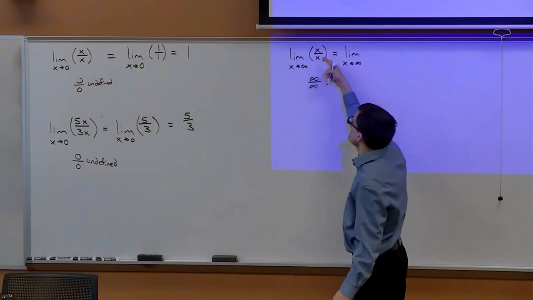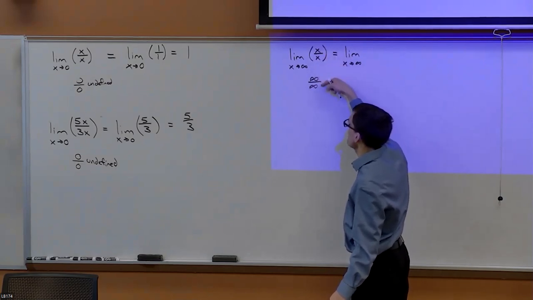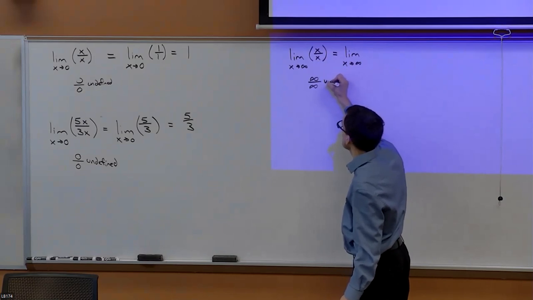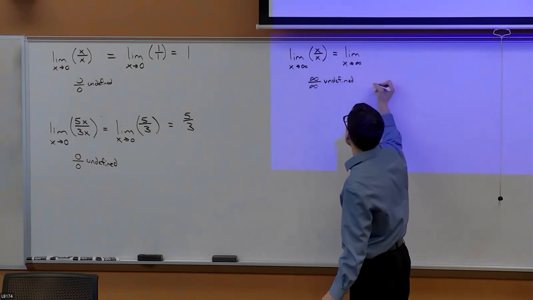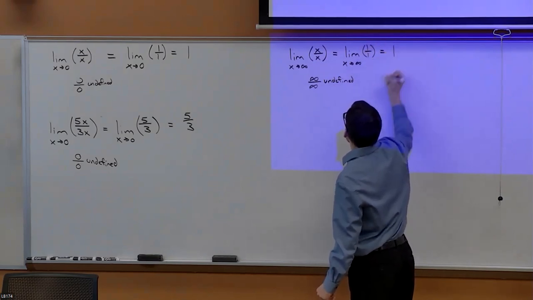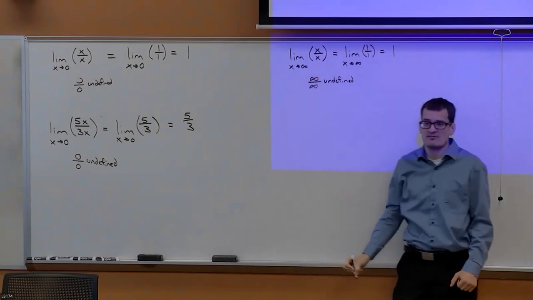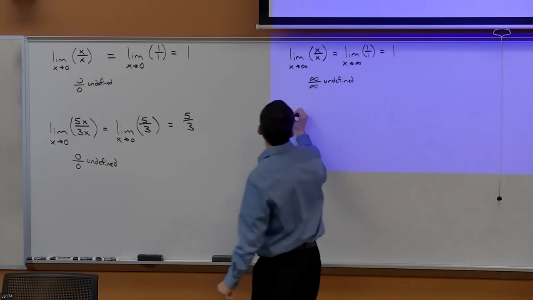If I plug in infinity, the top is going to go off to infinity, the bottom is going to go off to infinity. And so infinity over infinity, again, is an undefined thing. That fraction has limit of 1.